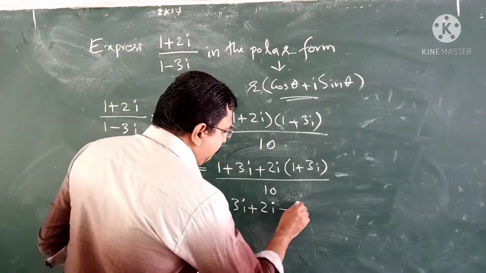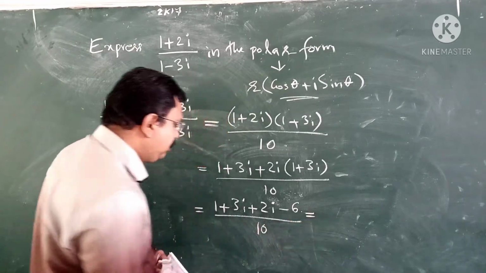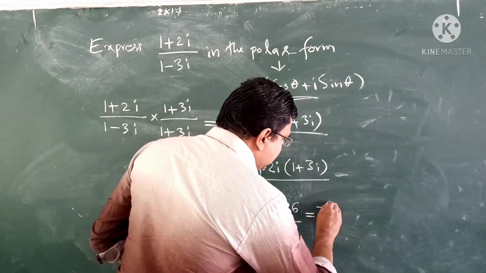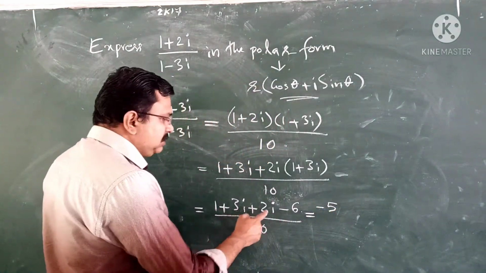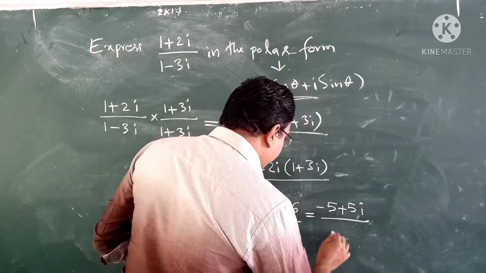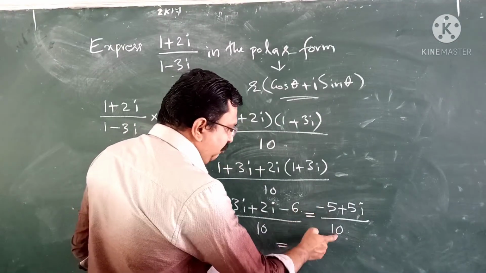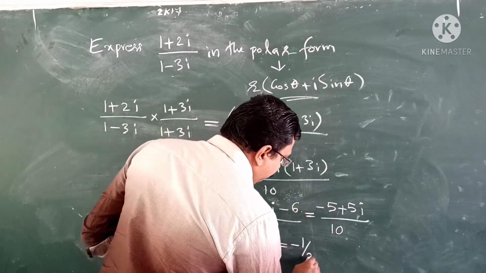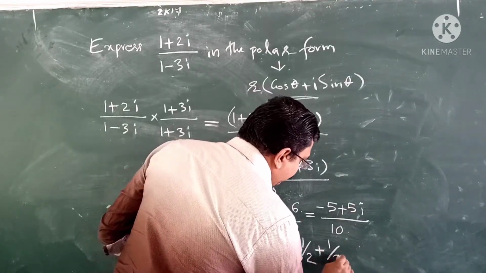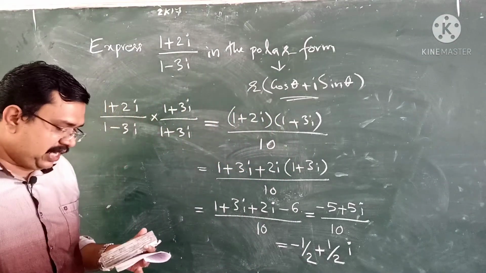Therefore, that is −6 divided by 10. 1 minus 6 is −5. 3i plus 2i is plus 5i, divided by 10. That is equal to −5 by 10, which is −1 by 2, plus 5 by 10, which is 1 by 2, i. Okay, this is of the form x + iy.